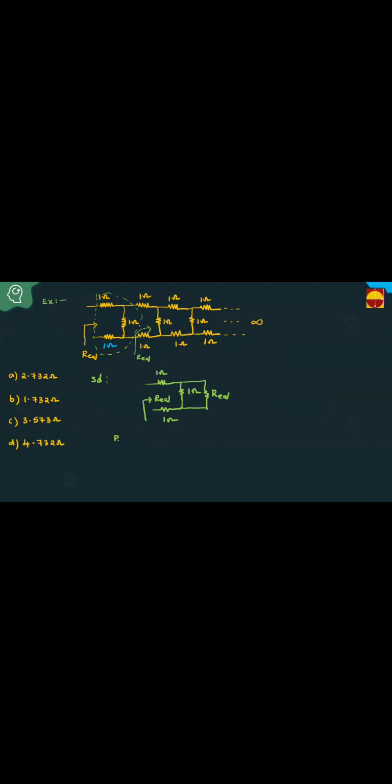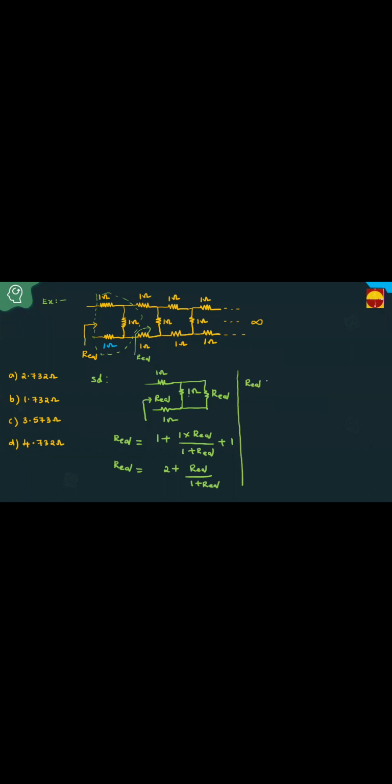Then what is R equivalent? This R equivalent equal to 1 plus this 1 and R equivalent is parallel. 1 into R equivalent by 1 plus R equivalent, plus 1. Then R equivalent equal to 1 plus 1, 2, 2 plus R equivalent by 1 plus R equivalent. So I have to cross multiply.